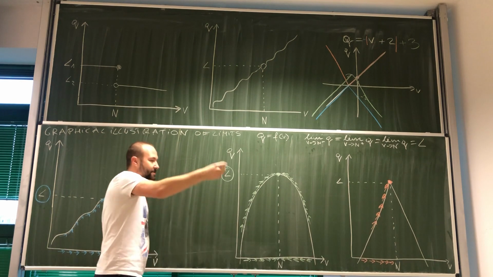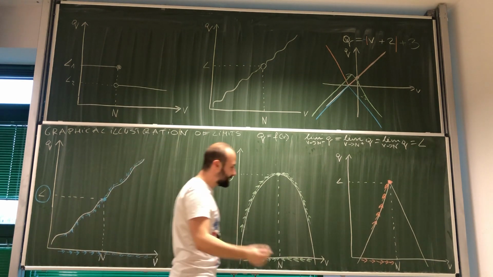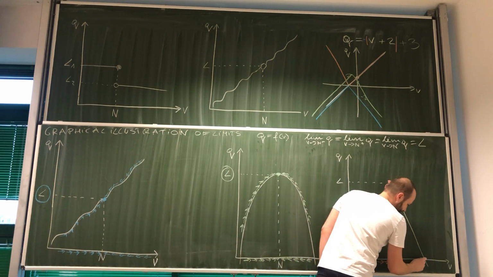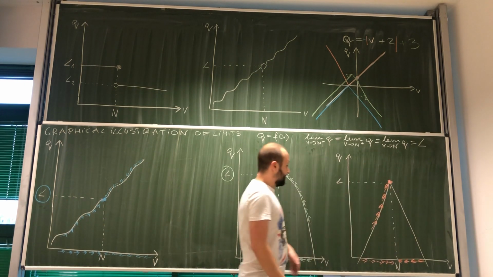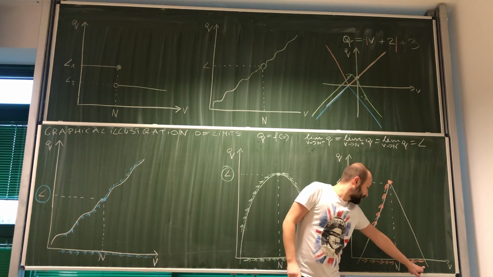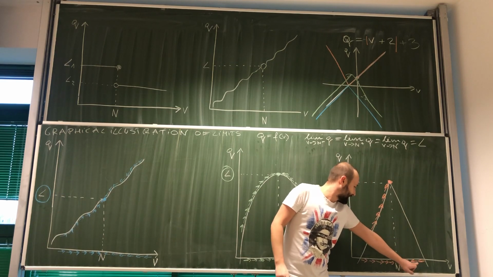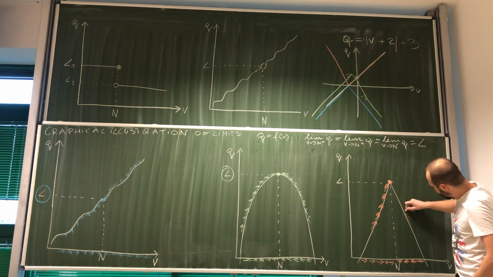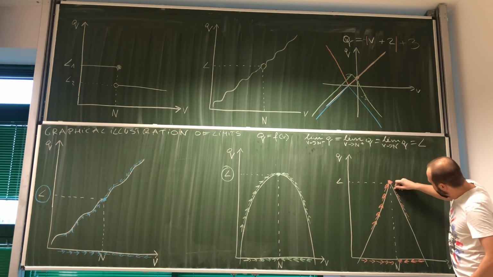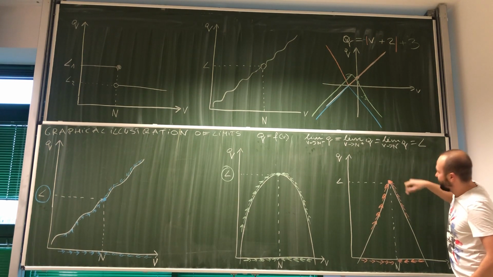Now, if I'm evaluating the limit from the right side, the argument is bigger than n, but it's getting closer and closer to n. Again, I see that these arrows are pointing to the same point.